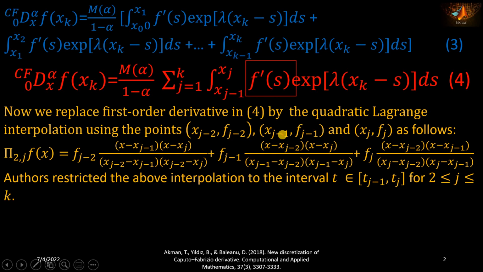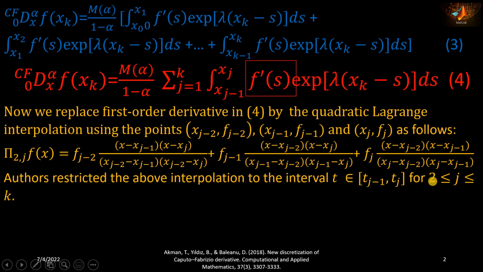Using these 3 coordinates, we can easily design the quadratic Lagrange interpolation polynomial, as you can see written with the yellow highlight. The authors have restricted the above interpolation to the interval tj minus 1 to tj, as you can also see that we have the integration interval in equation number 4, while j is from 2 to k.